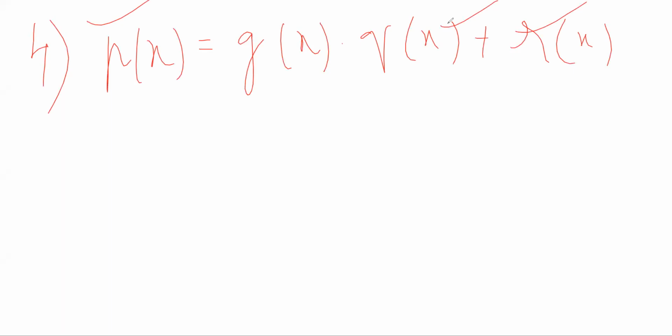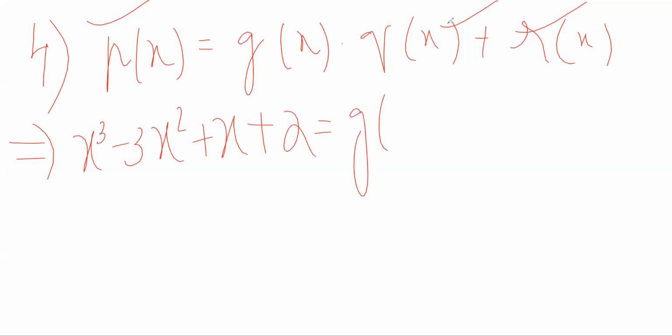So you substitute. After substitution, it will be x cube minus 3x square plus x plus 2, which is equal to g of x into q of x.